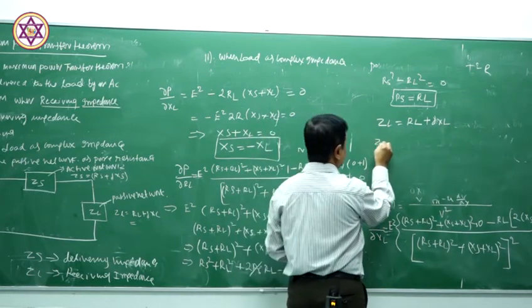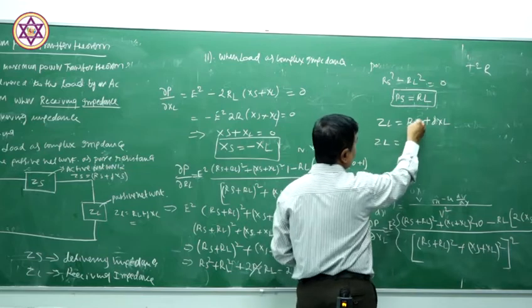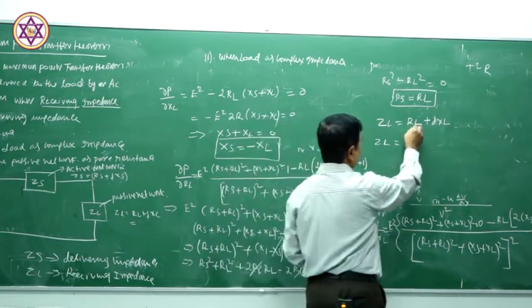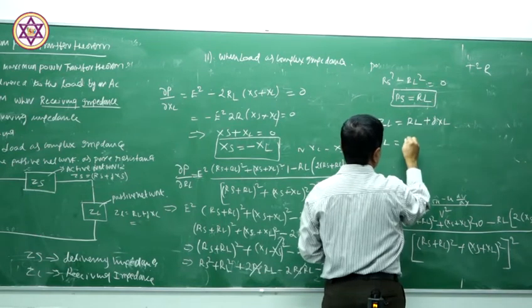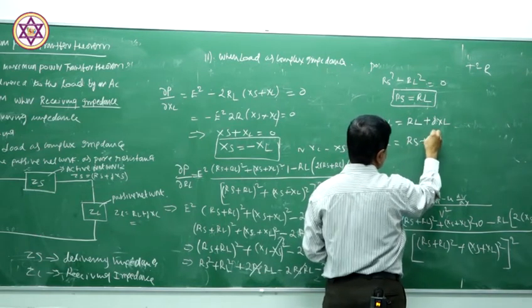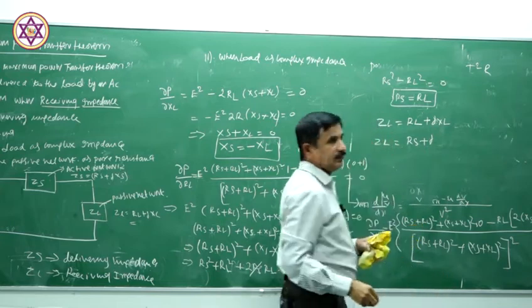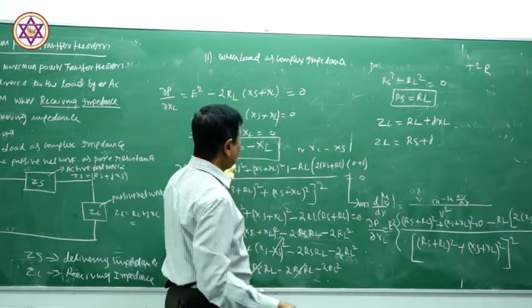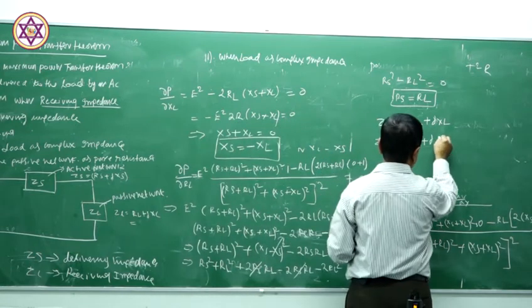So here ZL can be equal to what? RL can be equal to RS, so instead of RL I can write RS plus J into XL, and XL is equal to minus XS.